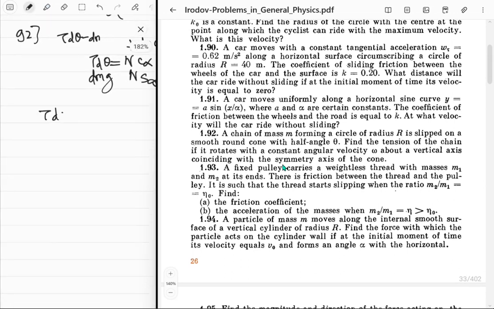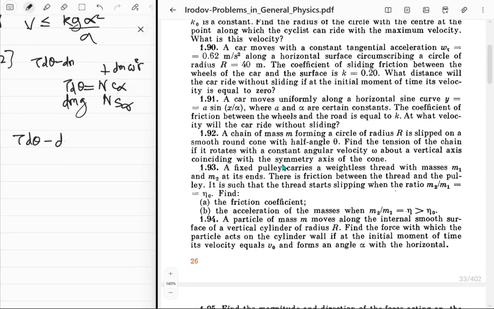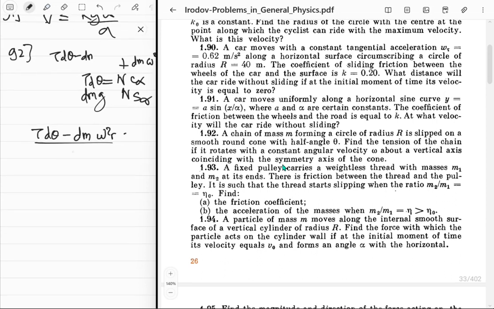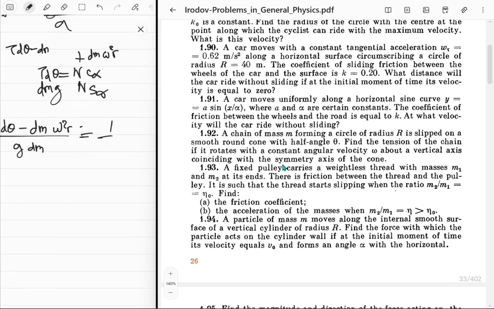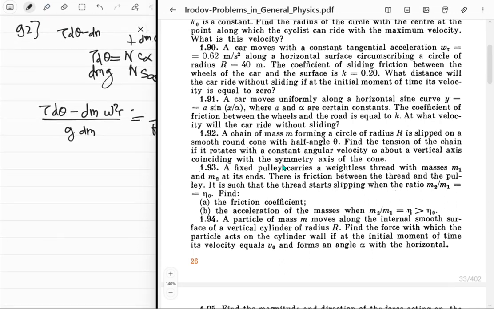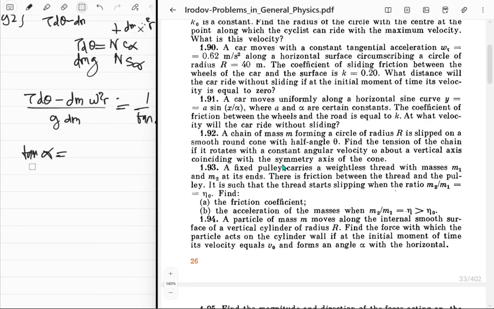What do we have? d d theta minus dm omega squared r upon g dm, that is equal to 1 upon tan alpha. So basically tan alpha is equal to, or maybe in fact just leave it like that. So this will be like t upon g, and then d theta upon t upon dm.